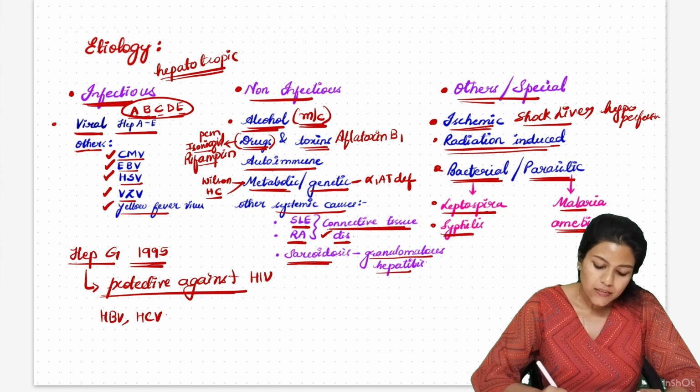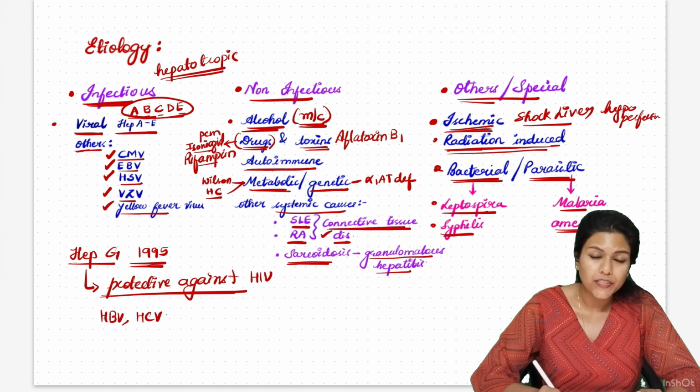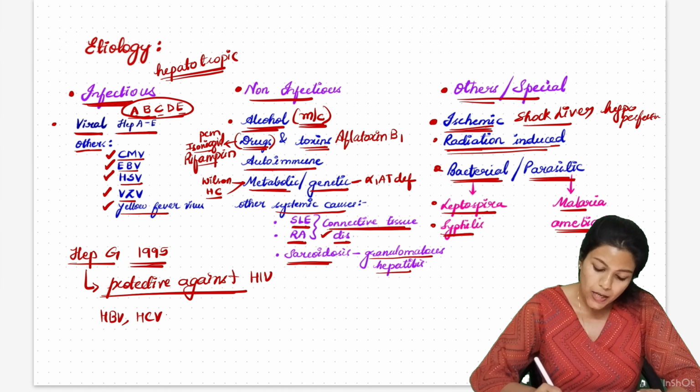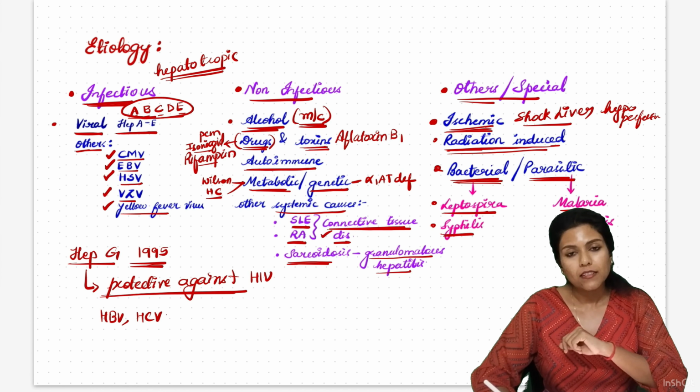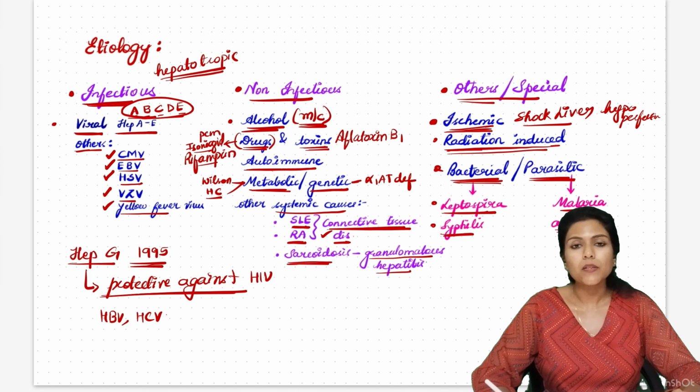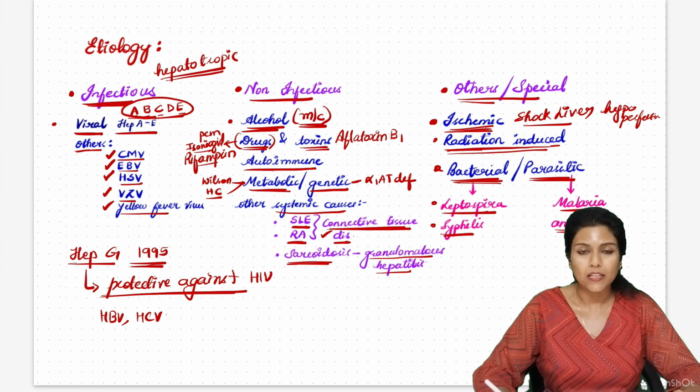Other causes are ischemic, that is shock liver, radiation induced after radiation exposure, bacterial causes like leptospira and syphilis, and parasites like malaria and amoebiasis. These are the most common reasons for hepatitis.